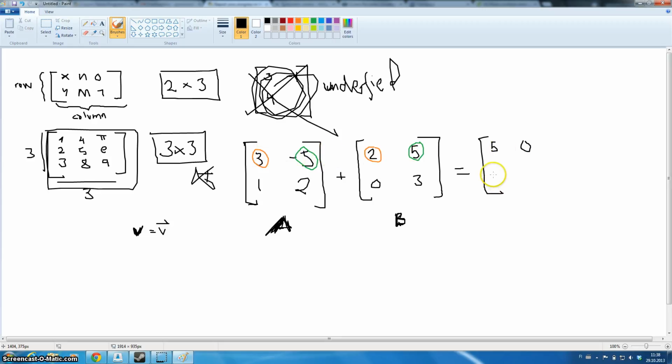Anyway, the elements are summed together, and this is becoming that one, and this one is becoming that one. So we have this kind of matrix then.